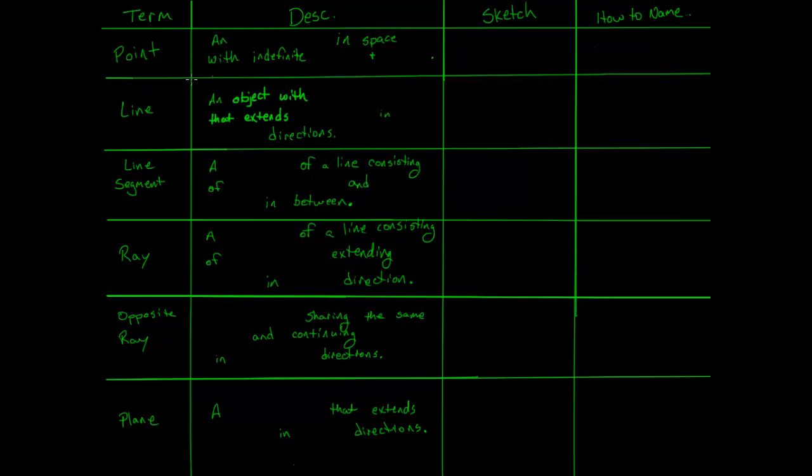A point is an exact location in space with indefinite shape and size. Now in geometry, you've got to imagine a lot of this stuff.